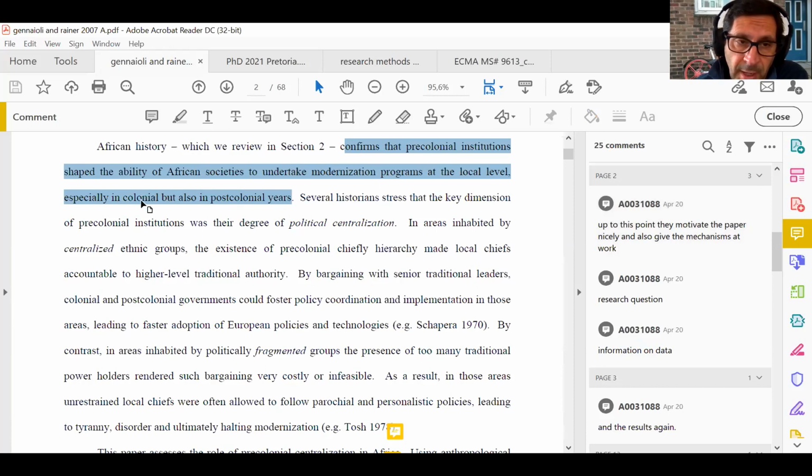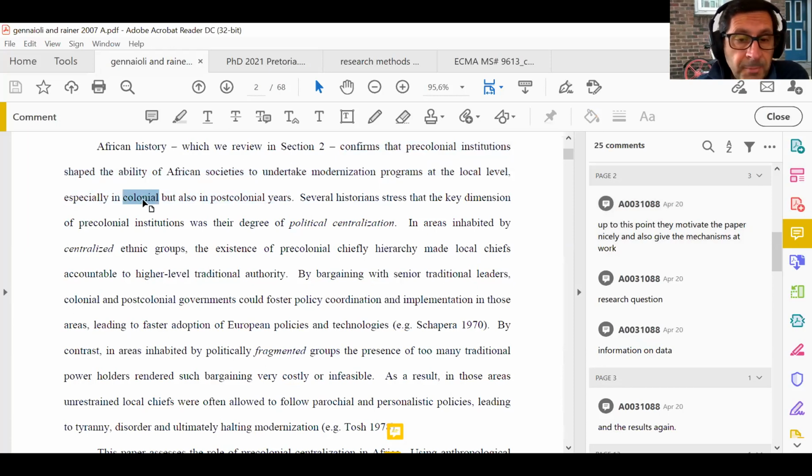Even during colonial times, pre-colonial institutions were important, because especially in former British colonies, there was strong coordination between the colonial masters and the chiefs, which helps to explain the persistence of this particular institution, which is the role of chiefs.